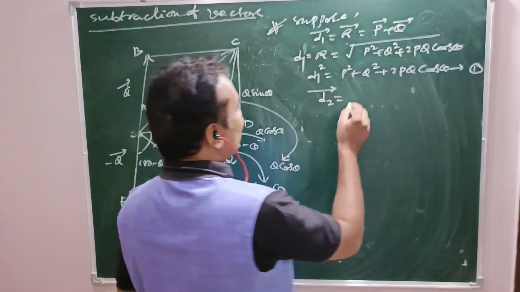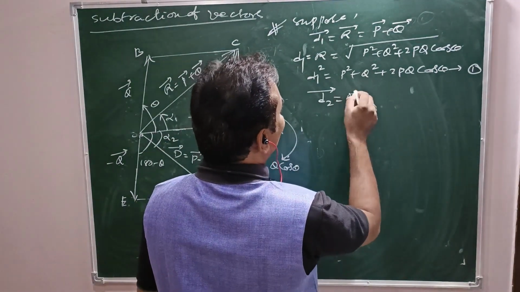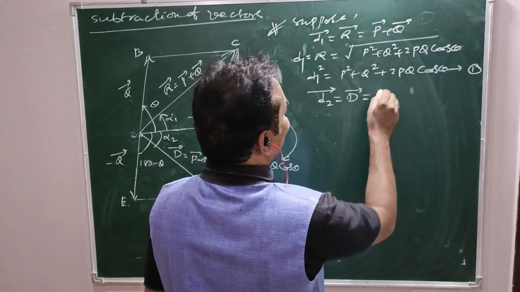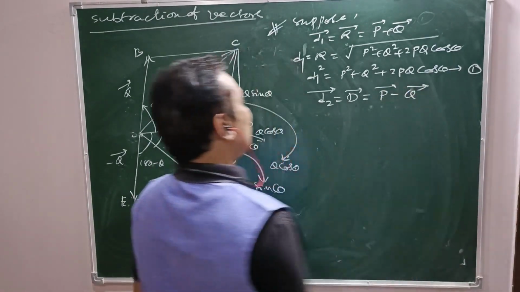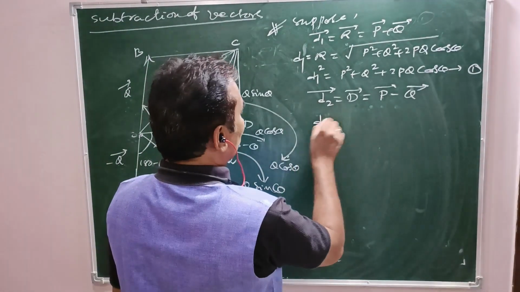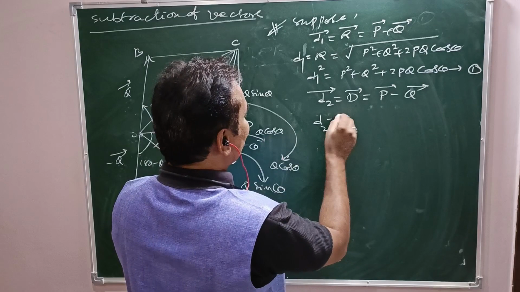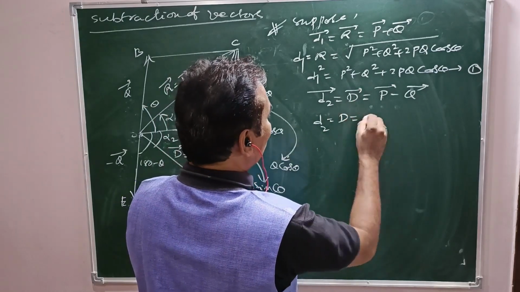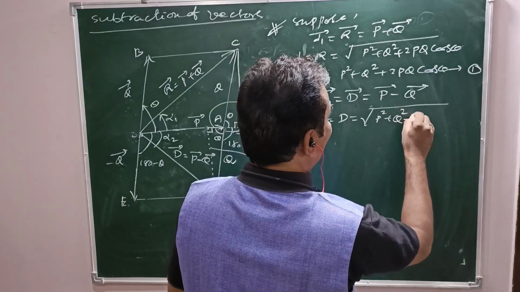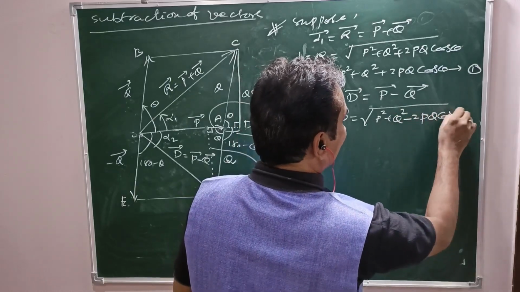D2 bar equal to capital D bar equal to what we wrote here, that is P bar minus Q bar. That is D2 equal to mod D2 bar, that is D equal to root over P square plus Q square minus 2PQ cos theta.